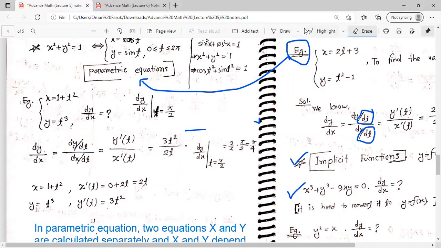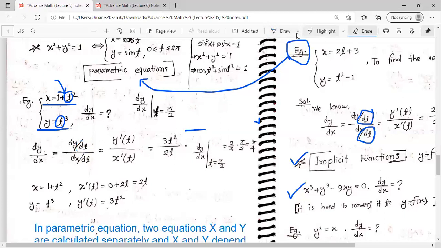So let me tell you again. We have two functions, one is x and another one is y, but we have the same variable t here. This equation is called a parametric equation, and to solve this, we have to find the derivative with respect to this common variable, t. So we divide by dt on the upside and also on the downside.